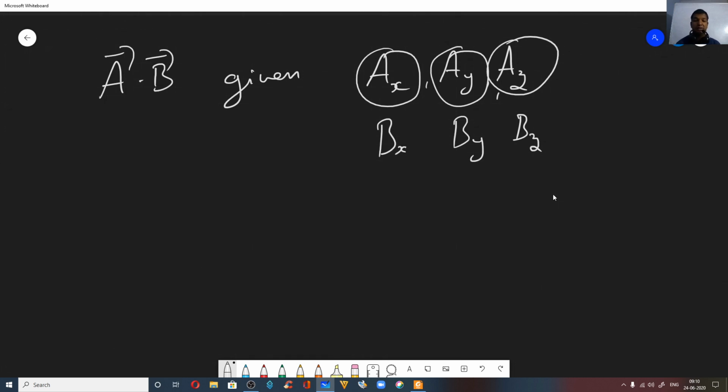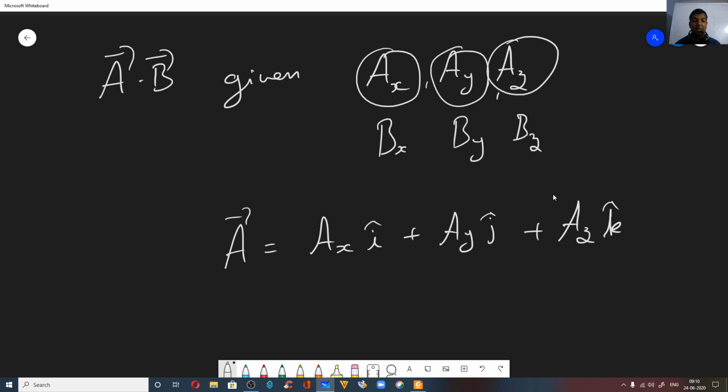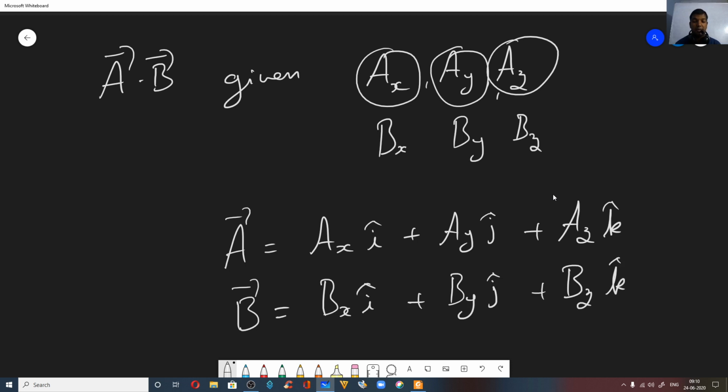All right, now how to do it? It's really simple. You can write vector a as ax i cap plus ay j cap plus az k cap. Now vector b, you can write as bx i cap plus by j cap plus bz k cap.